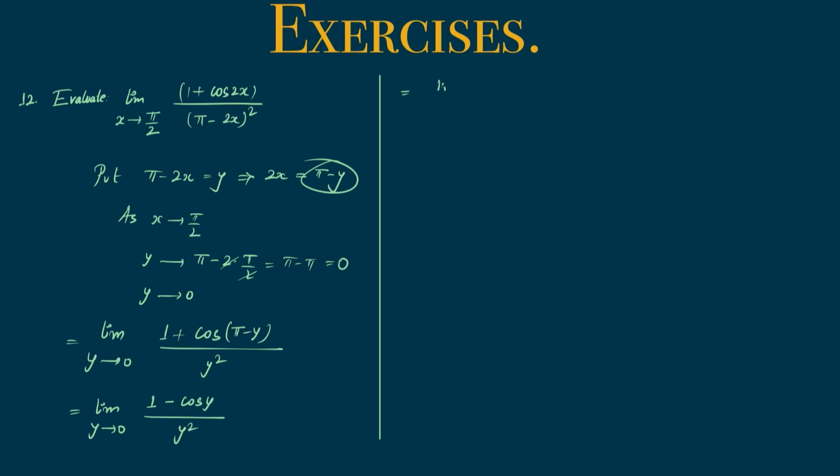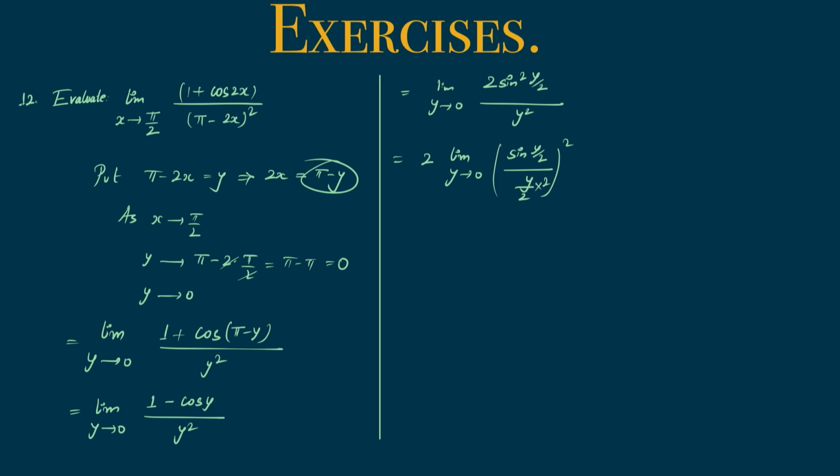y square. Limit y tends to 0, 1 minus cos y can be written as 2 sine square y by 2, whole divided by y square. Since 2 is constant, let me put 2 in front, so it will be 2 limit y tends to 0. Now this numerator and denominator I can write collectively as sine y by 2 by y, whole square. Since the angle is y by 2 here, in the denominator also let me make y by 2, so let me write y by 2 into 2.